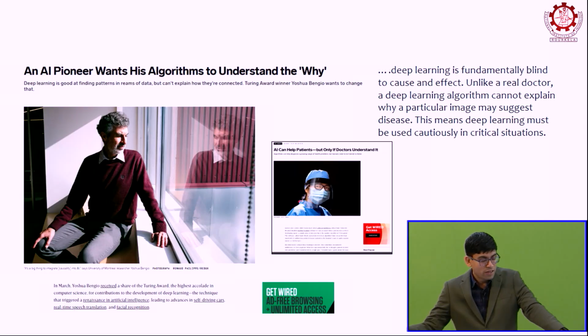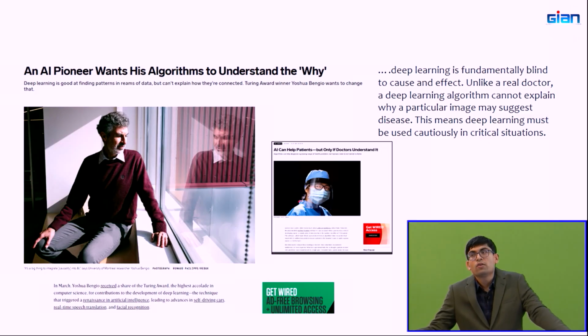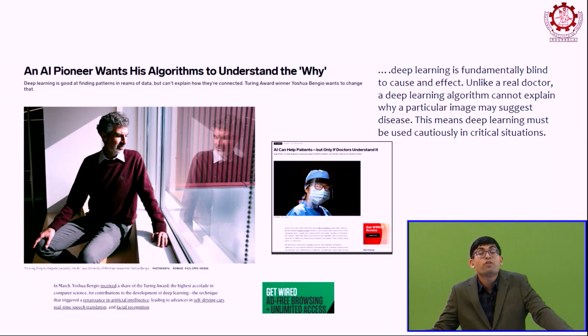At the end of the day, he and a couple of other people are really well known for the field of deep learning. What this article tells you is that researchers like him want their algorithms to understand the why. It's not just giving you an answer as to whether it's a tumor or benign, or disease A or disease B. How does a model decide that it's a tumor or benign?